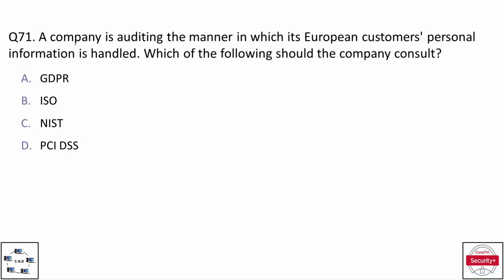Question number 71. A company is auditing the manner in which its European customers' personal information is handled. Which of the following should the company consult? And the options are option A, GDPR, option B, ISO, option C, NIST, and option D, PCI DSS. And the correct option is option A, GDPR.